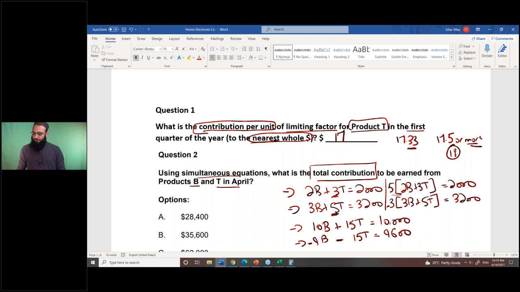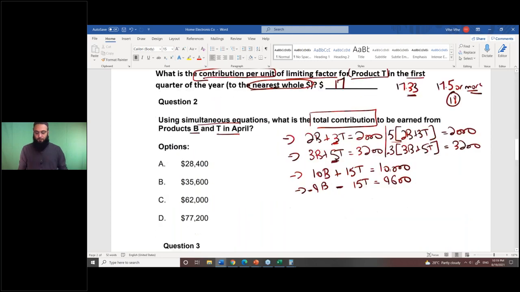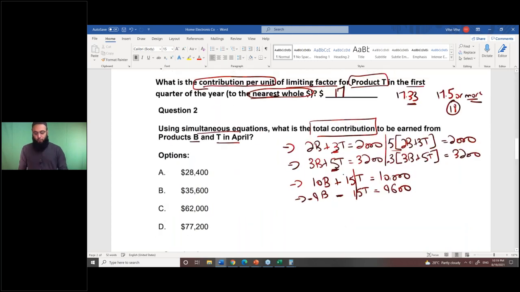Okay, done. So we're ready to eliminate 15t with 15t, positive and negative. Perfect. Everything will be negative in equation 2. So 1b is equal to 400. Perfect.